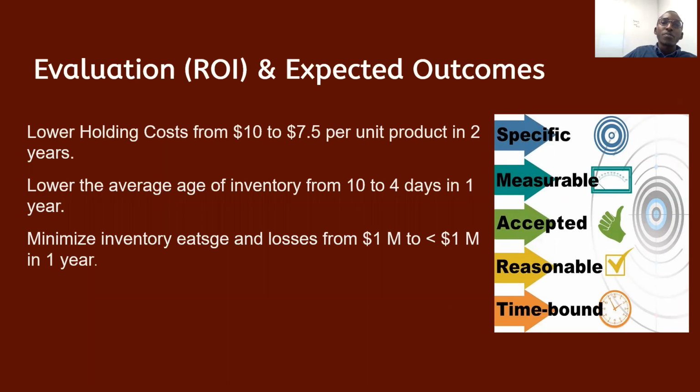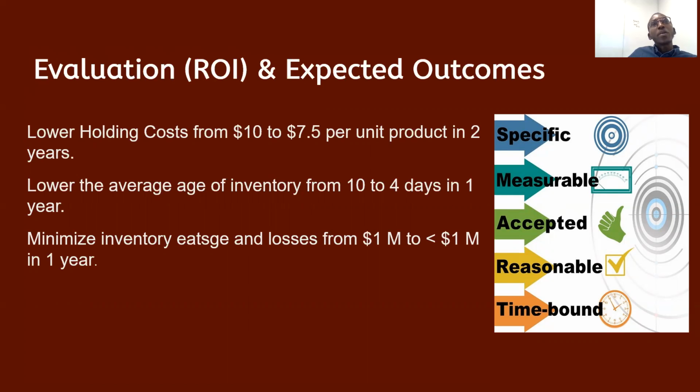Evaluation or return on investment and expected outcomes. So there are 3 business objectives of the project. These are, first, to lower holding cost from $10 per unit product to $7.5 per unit product over 2 years. We also expect to lower the average age of inventory from 10 days to 4 days over a one year period.